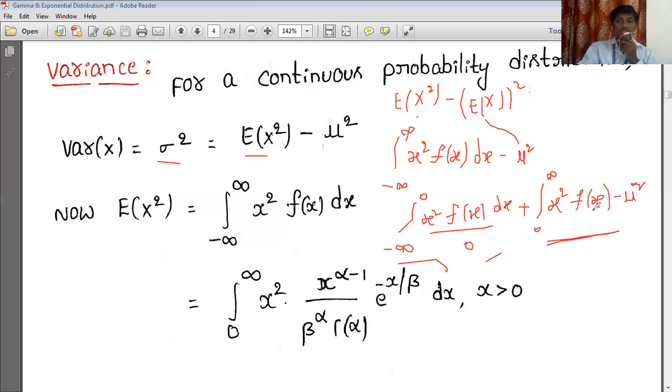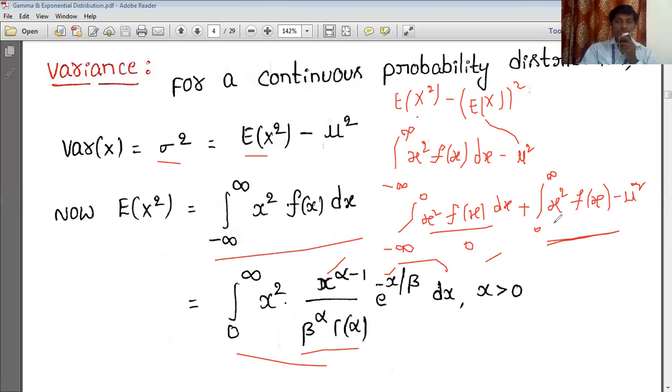Here f of x is what we use in the gamma distribution: 1 by beta power alpha, gamma alpha, x power alpha minus 1, e power minus x by beta, dx. So this is the formula we are using. From this one to this one, how did we get it? We split it into two subintervals.